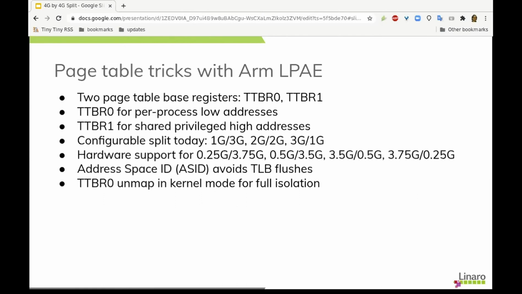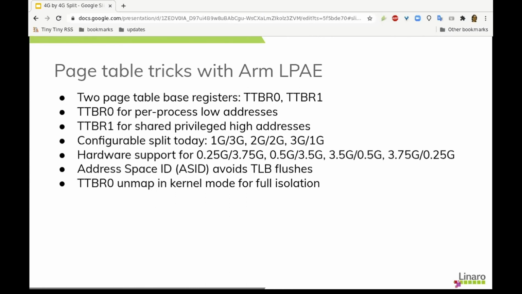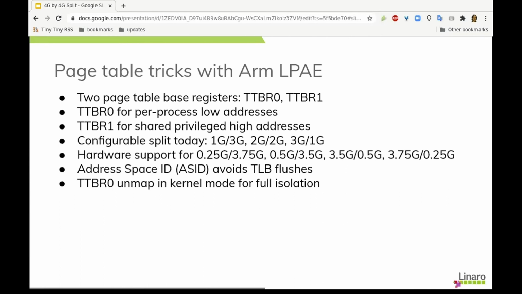And the MMU is flexible enough that we can pick any ratio between the upper and the lower page tables within certain bounds. The minimum size for one of the page tables is 1/4 GB of memory, and that's where this came from. That I said we would keep the vmalloc area of 256 megabytes permanently mapped.